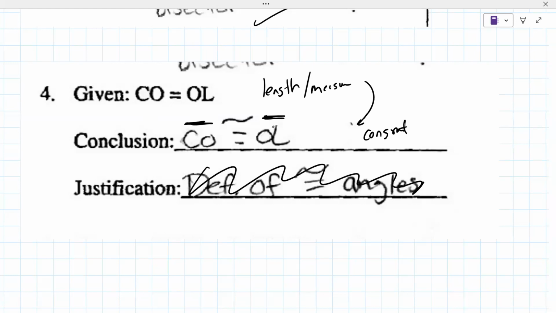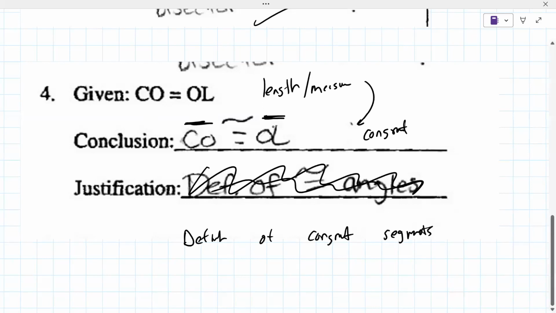And it's nothing to do with angles. I'm not quite sure where that's coming from. Maybe you're just thinking of angles when you're working through this, but it's definition of congruent segments. Okay, yeah, that makes sense.